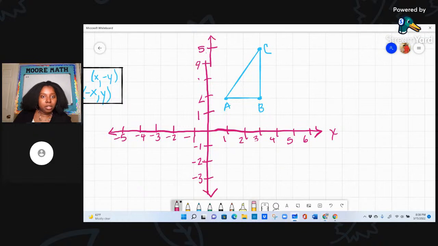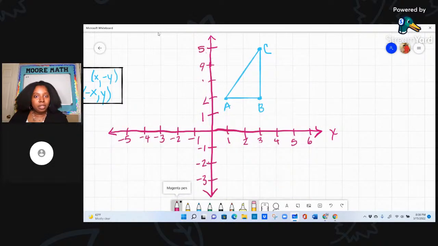I'm sorry. Let me go. 3, 2. Okay. Hold on 1 second. Let me see if I can click every... okay, there we go. 4, 2. So you said 3, 2 would be A, right? Yeah. Okay.